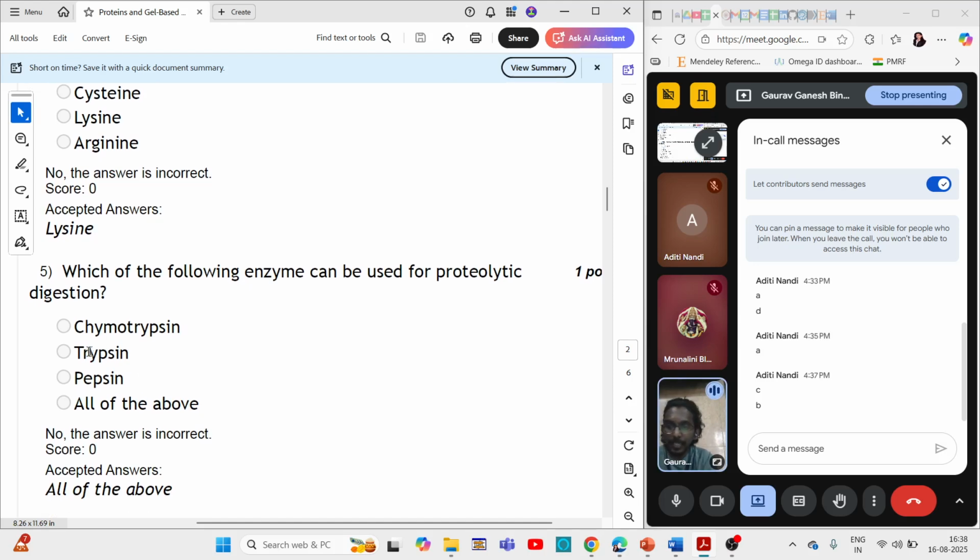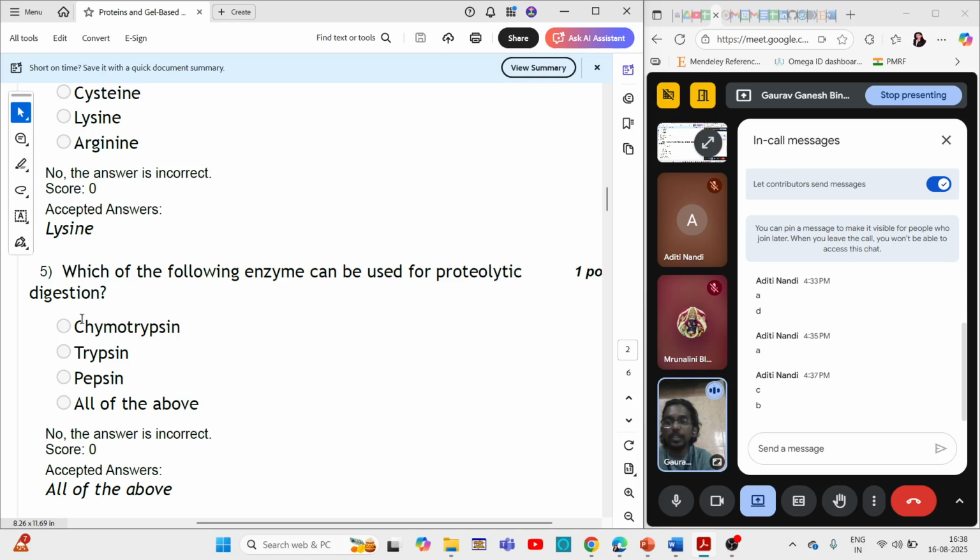Yeah, we did. In the lecture, we talked about only trypsin. But along with trypsin, we can also use chymotrypsin or pepsin. We can use any of those proteolytic enzymes, and each enzyme behaves differently. So depending upon your protein of interest, if you know that your protein has a greater number of arginine and lysine, you can use trypsin.